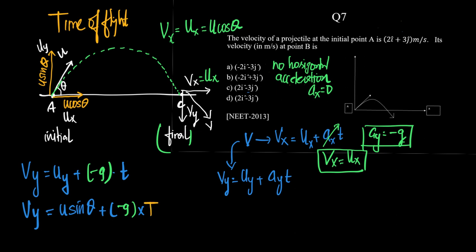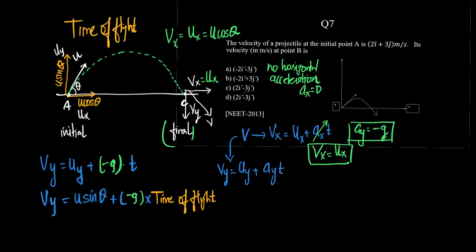So instead of t, I can write here time of flight. Now, since it is time of flight, we can write that vy is equal to u sine theta minus g into, what is the time of flight equation? We have it as 2u sine theta upon g.